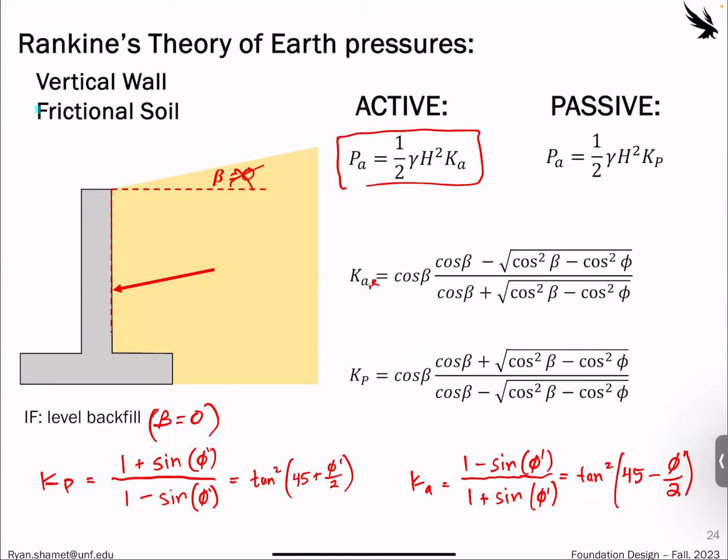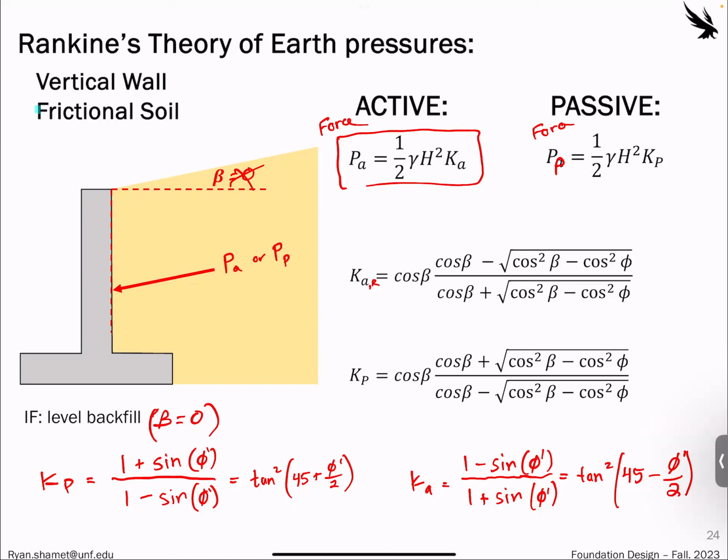Remember, this would be the force, so not necessarily the stress, but this would be that either PA or PP. Sorry, I guess this should be a PP there. And these are always going to be acting parallel to the surface.